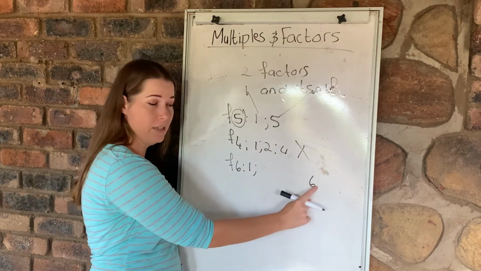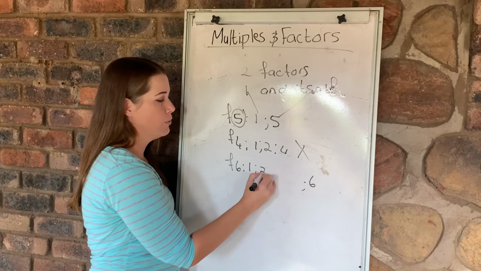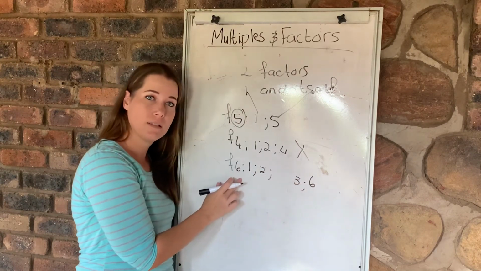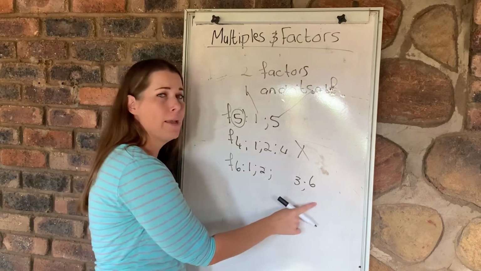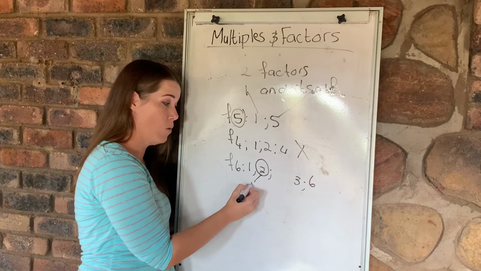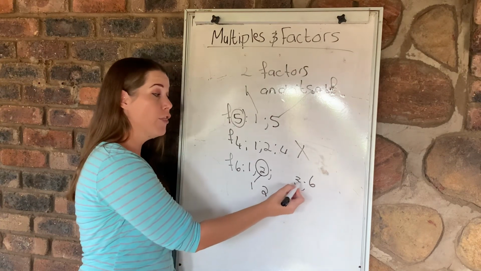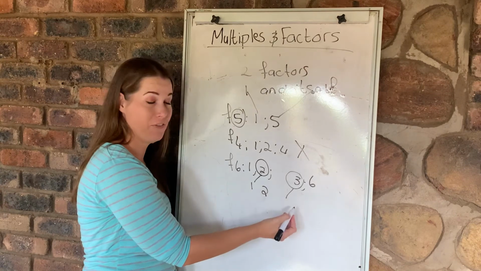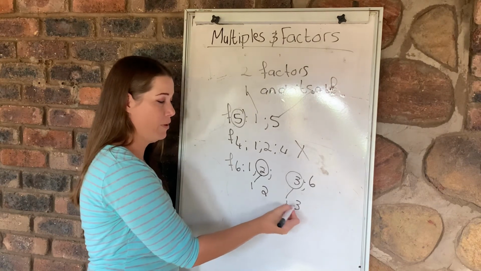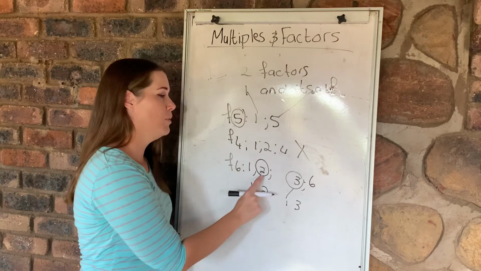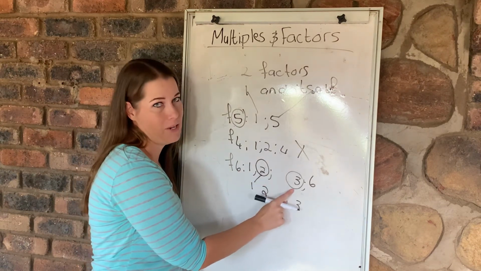Remember, we work in pairs. 2 and 3. Those are the factors of 6. Now, which of these numbers are prime numbers? 2 is a prime number because the factors are 1 and 2. 3 is a prime number because it only has 2 factors, 1 and 3. So the prime factors for 6 will be 2 and 3.